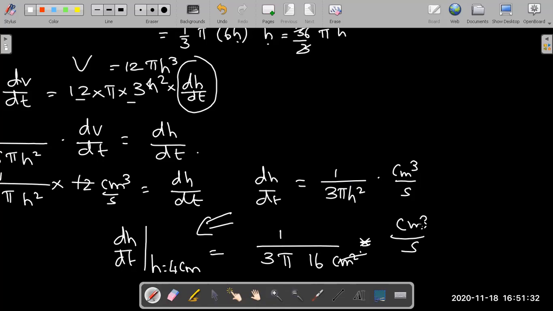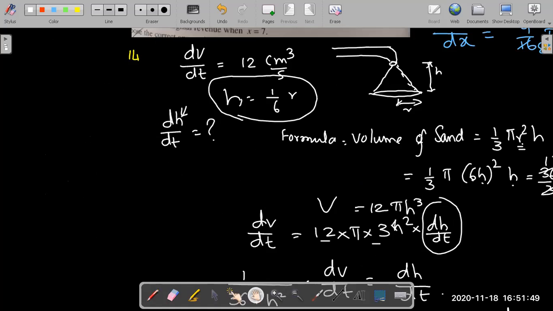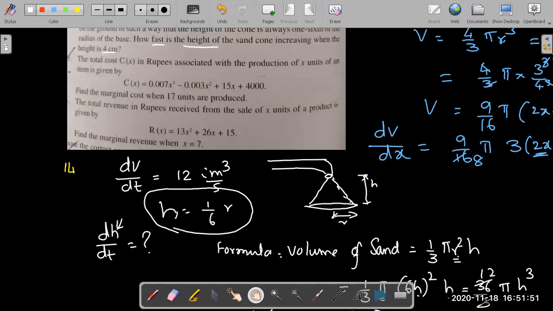So this cm square and this cube is gone, and you got 1 by 48 pi centimeter per second. It's the height, that's why you got centimeter, divided by dt, that's why you got seconds. So we are done with that question as well. 14th is done.